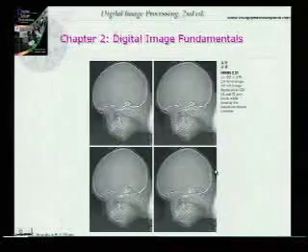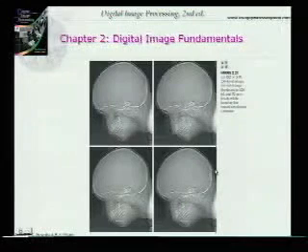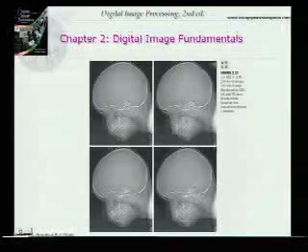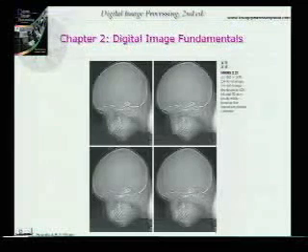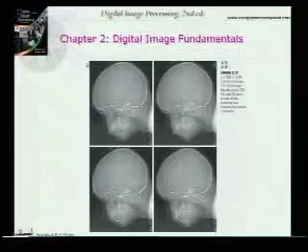Here's another interesting picture where we're again keeping the spatial resolution constant, but we're changing the dynamic range, and this is a medical image. So the dynamic range is this 256 levels here.